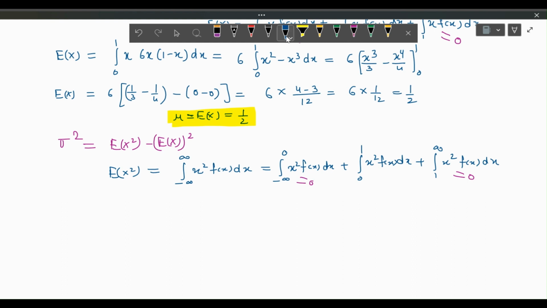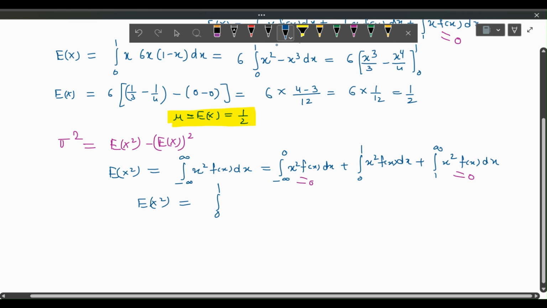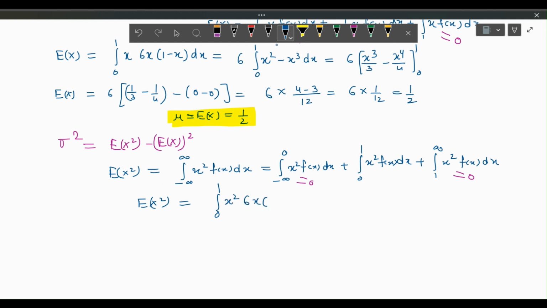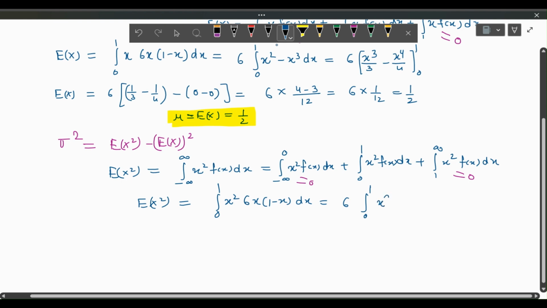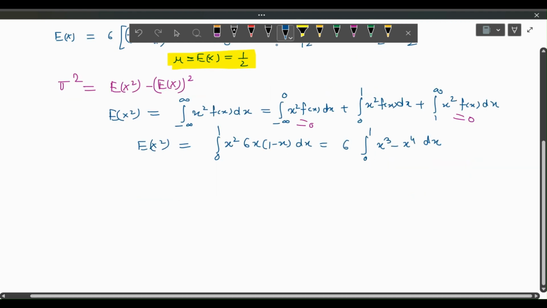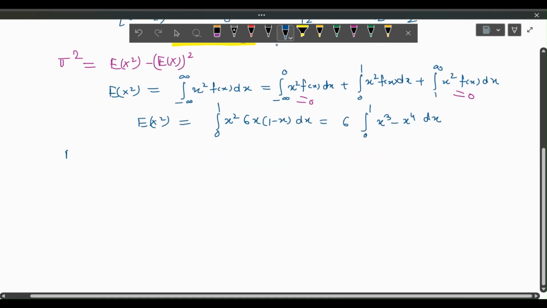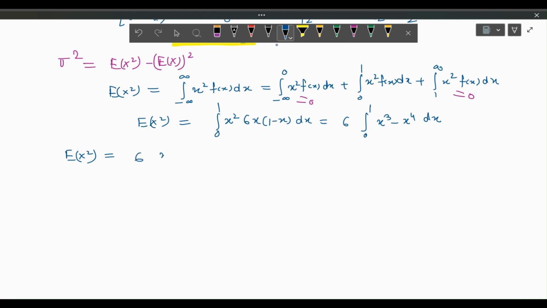So expectation of x square is the integral from 0 to 1 of x square, and the function is 6x(1 minus x) dx. Again 6 is constant, out of the integral 0 to 1 of x cube minus x to the 4 dx. Now we have to calculate the integration of this function. So E of x square will be 6 times (x to the 4 by 4 minus x to the 5 by 5), limits 0 to 1.